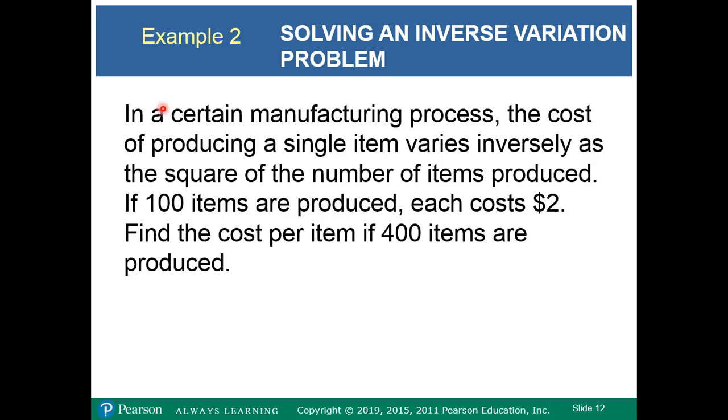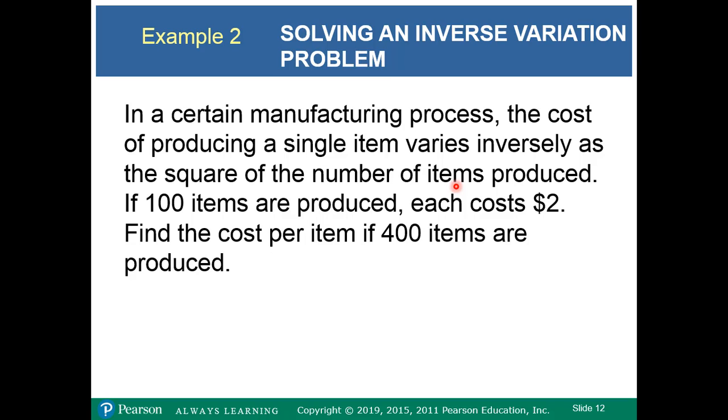So it says, in a certain manufacturing process, the cost of producing a single item varies inversely as the square of the number of items produced. So this is an inverse relationship, but it's with a power of x. So this is a square. So what this means is that the cost C is equal to some constant multiple of the square of the number of items produced, x.